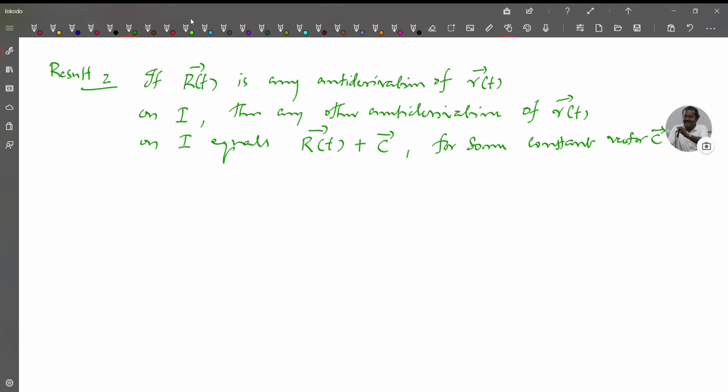That is, if capital R of t is any antiderivative of little r of t, then any other antiderivative of r of t is capital R of t plus c for some constant vector c. So we prove this.